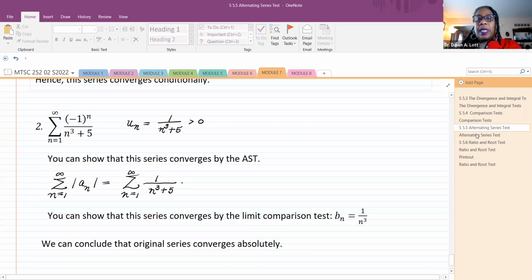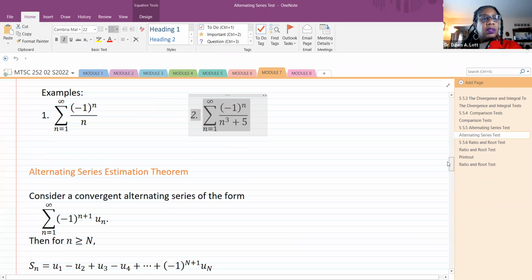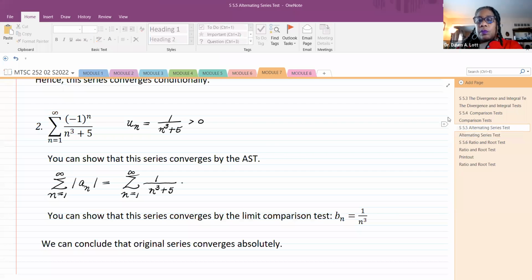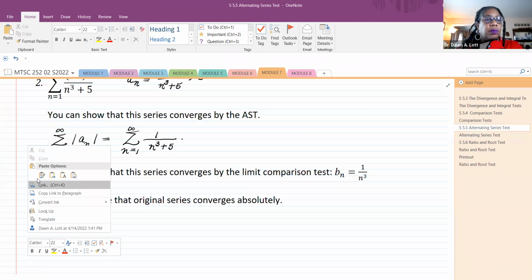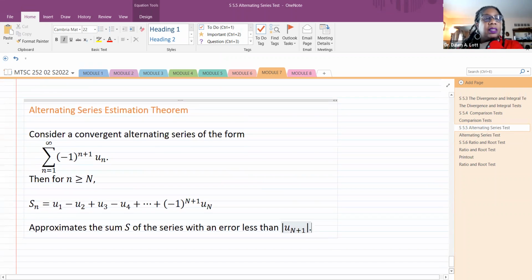So there's one last part to this section, and that is the alternating series estimation theorem. It's actually really cool. I like this.